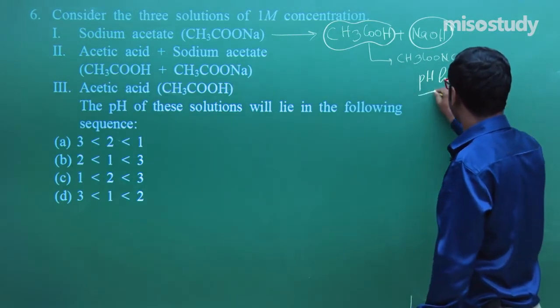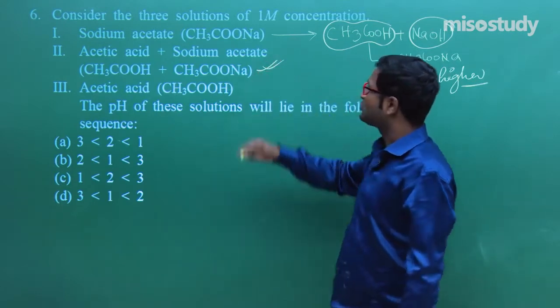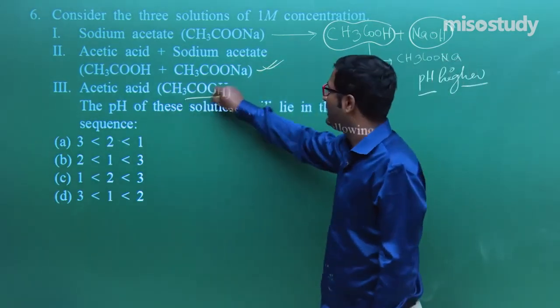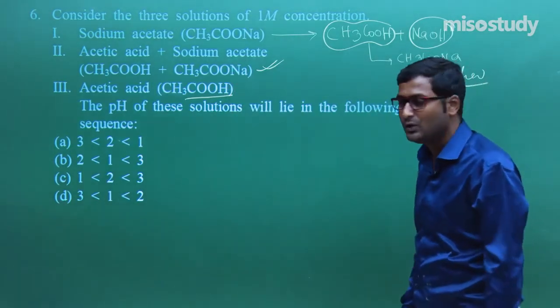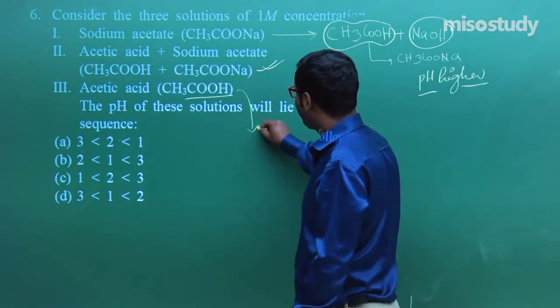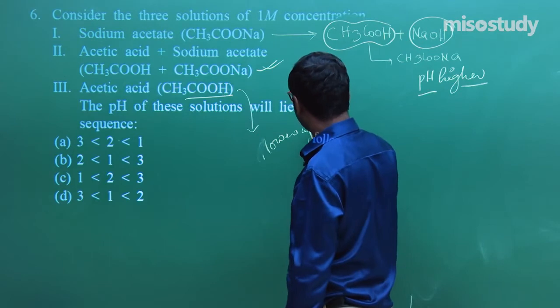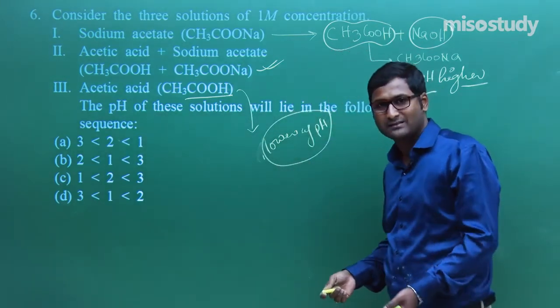Okay sir, it's all okay. And if I talk about acetic acid plus sodium acetate, that is the buffer solution, and the third one, that is CH3COOH. Clear to you? CH3COOH, definitely it has a lower value of pH, that is near about 7 or slightly lower than 7.